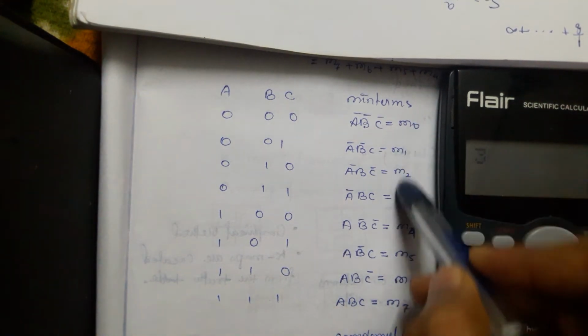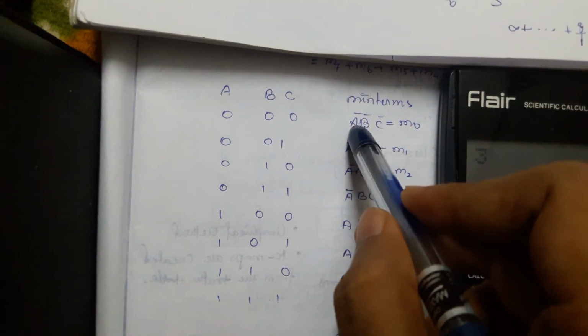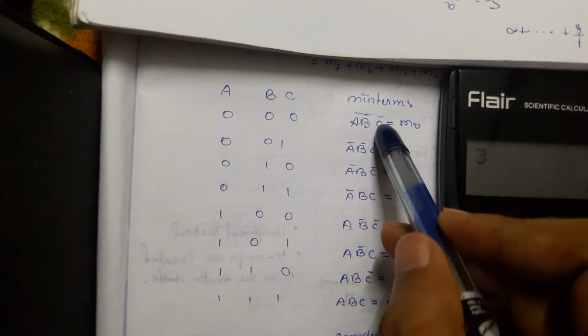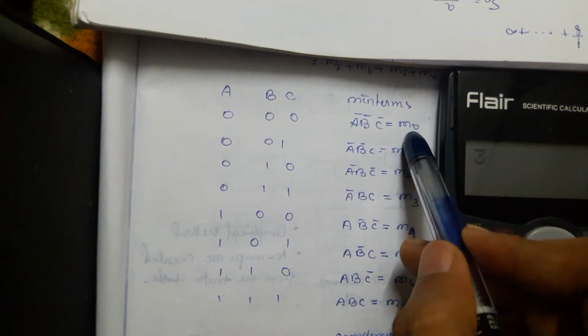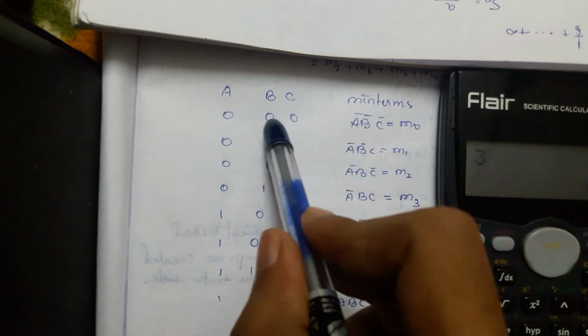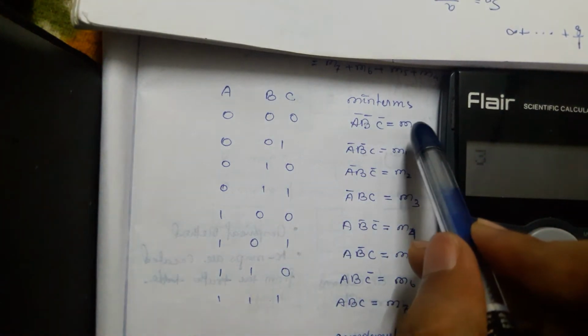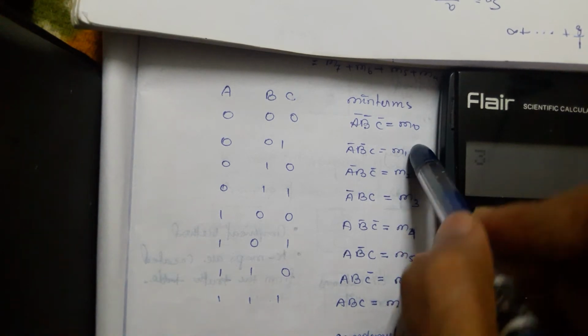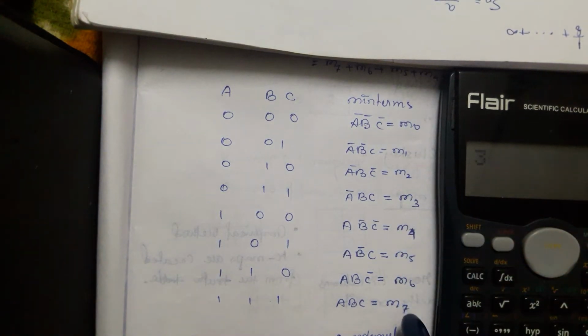In short, we cannot always write these terms, as it is a very tedious and time-consuming process. So we denote them by small m with subscripts 0, 1, 2, 3, and so on up to 7 at the end. This is the min terms.